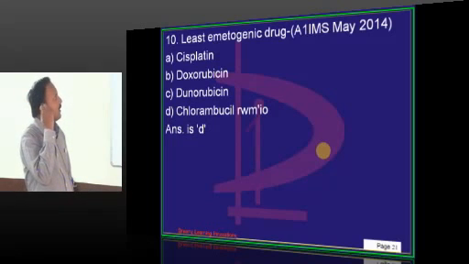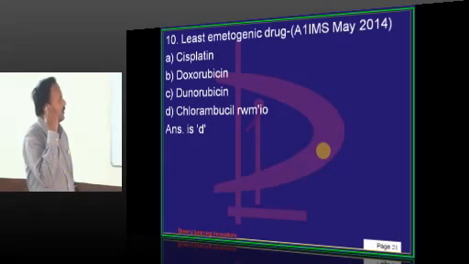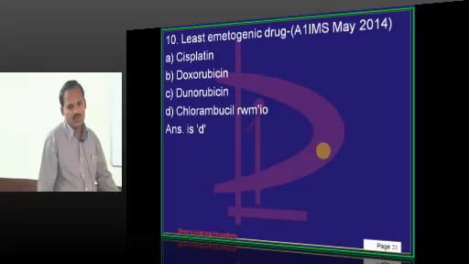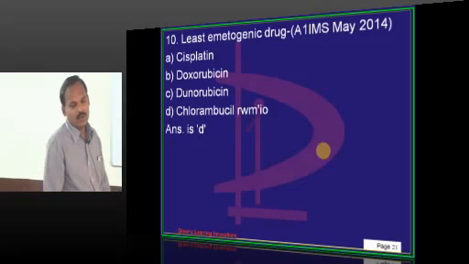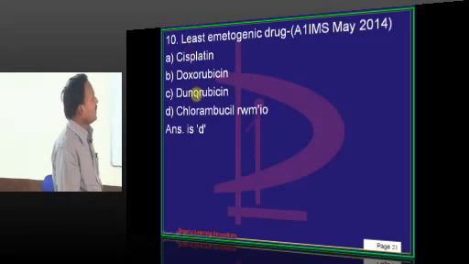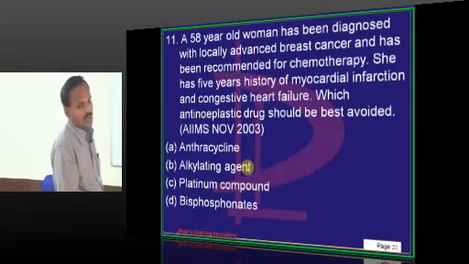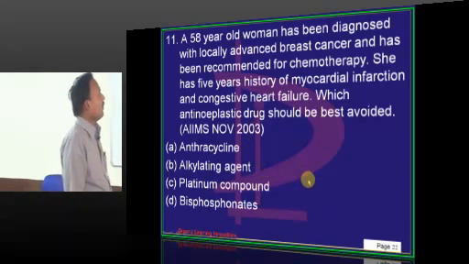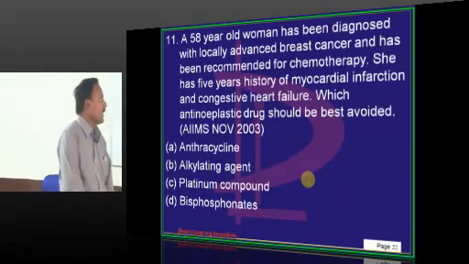So, cisplatin is quite emetogenic, doxorubicin and daunorubicin are quite emetogenic, cyclophosphamide will be emetogenic, chlorambucil is less emetogenic. So, you have to just remember, chlorambucil is less emetogenic out of all that are listed in this slide. Most emetogenic is cisplatin.